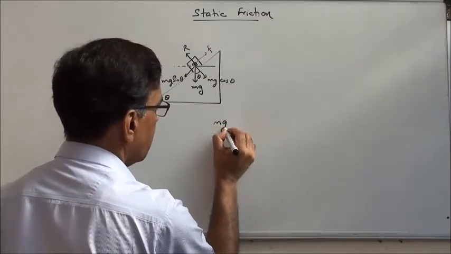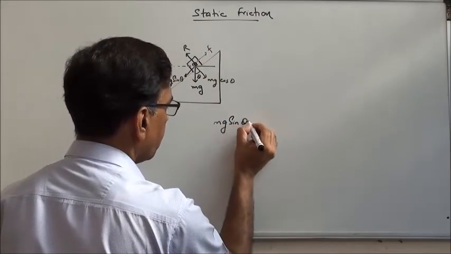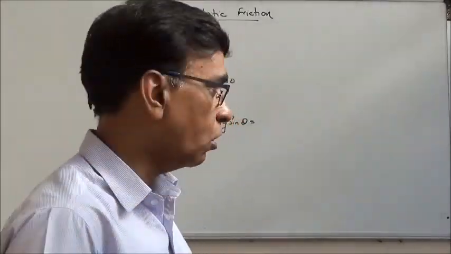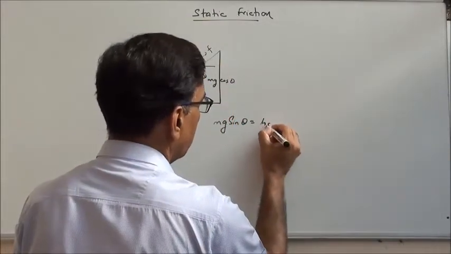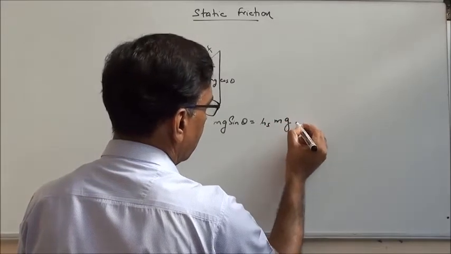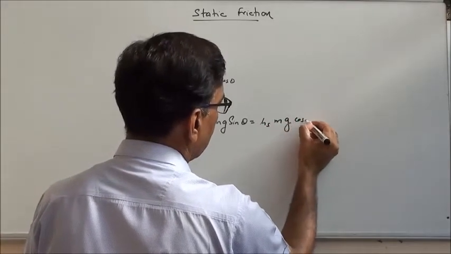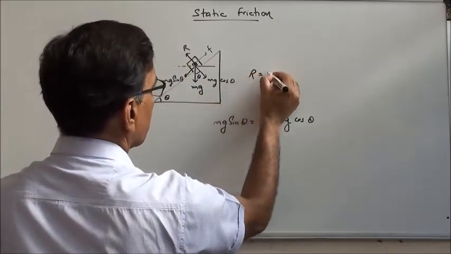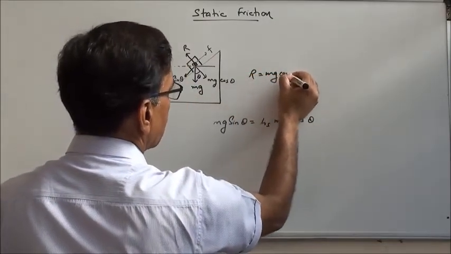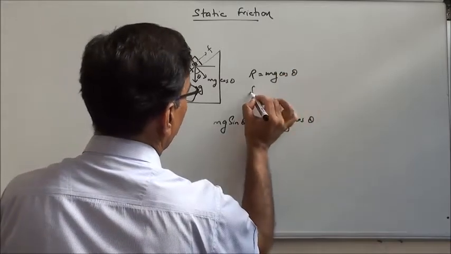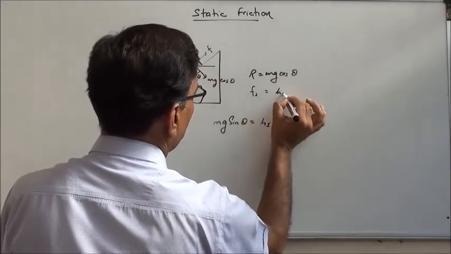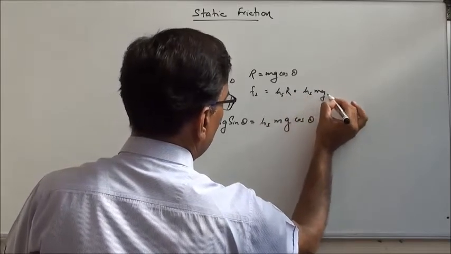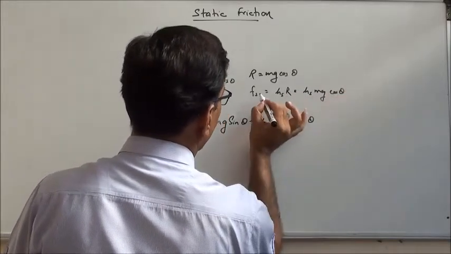That mg sin theta is equal to the limiting friction force now, which is mu s R. What is R? Normal reaction is mg cos theta.